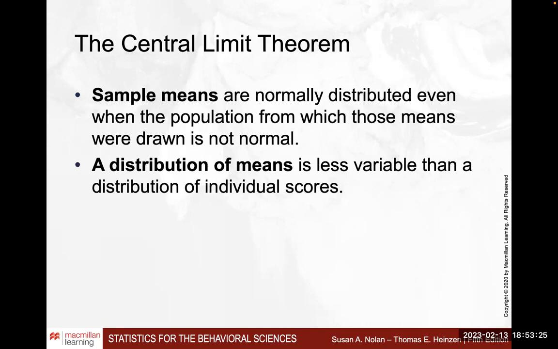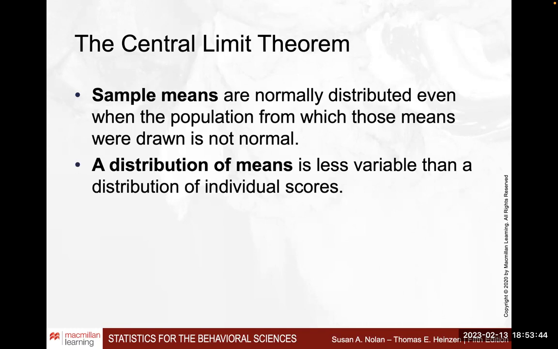Because if you draw small samples repeatedly, you get different mean estimates. And these mean estimates will vary with a variability that is related to the variability of the individual variable that you're quantifying in a population.